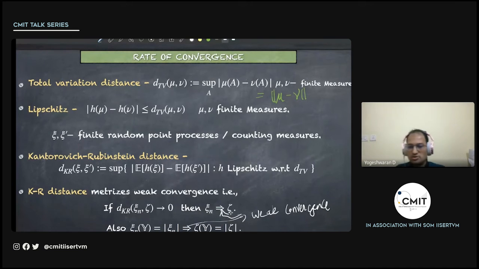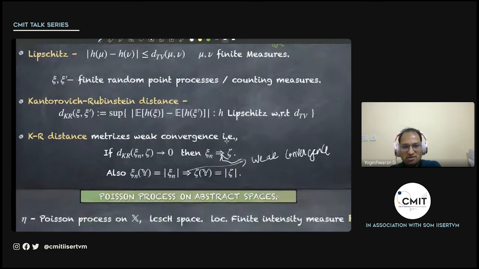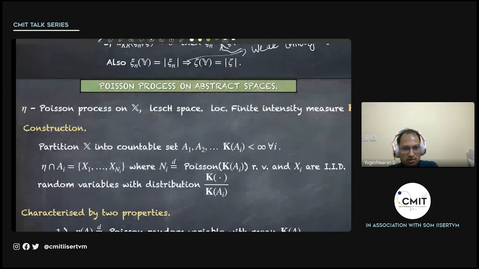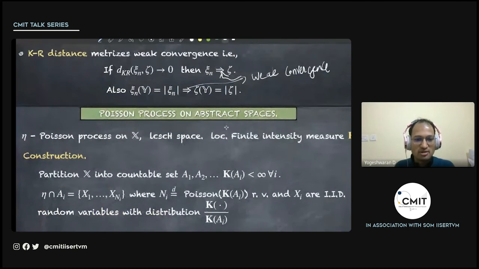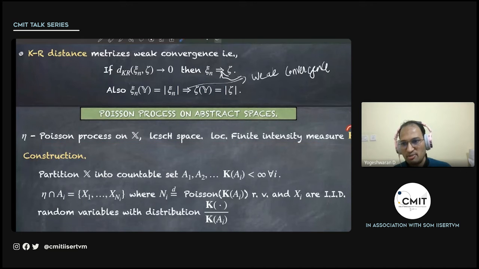Before stating our main result, let me quickly describe the candidate for the limiting point process. It needs some abstraction. I want to define a Poisson point process on an abstract space with an underlying measure K, which is locally finite.